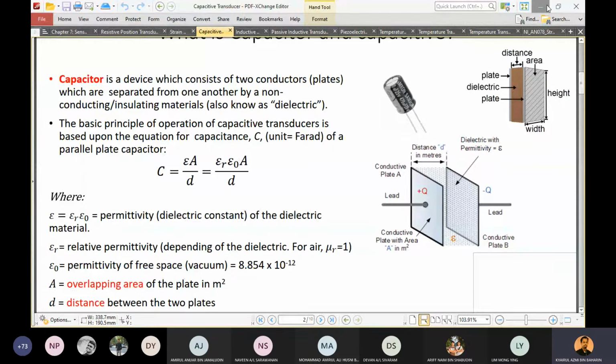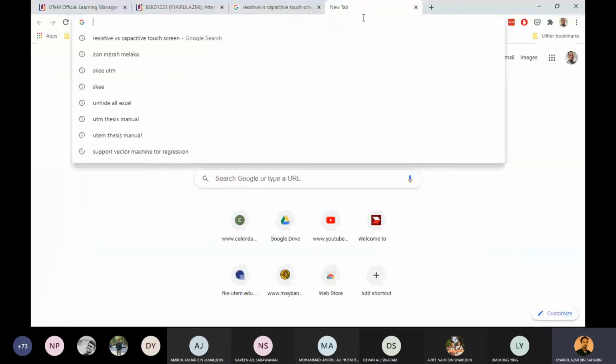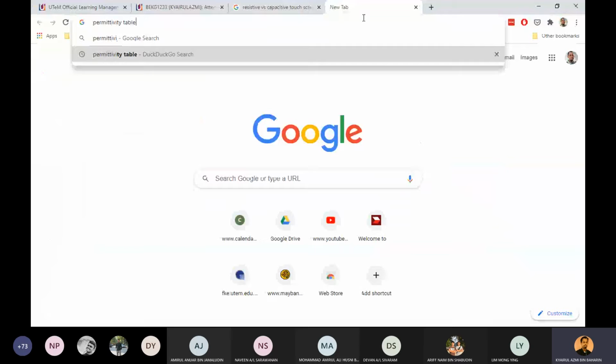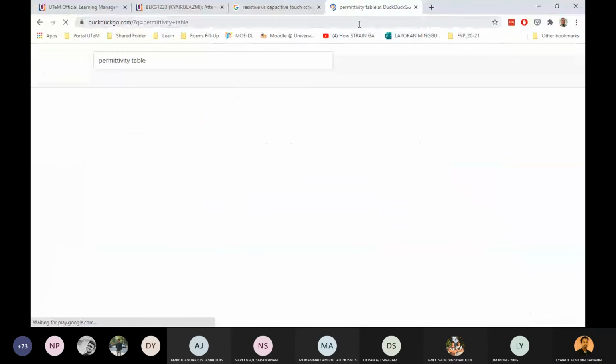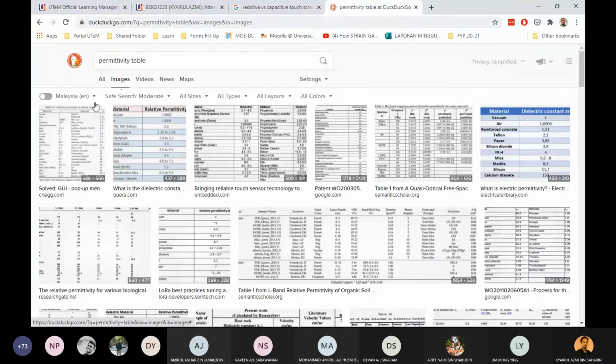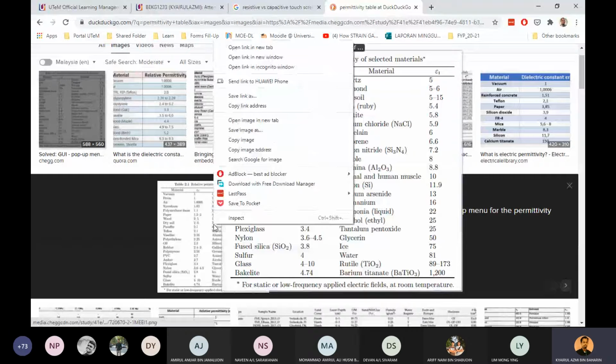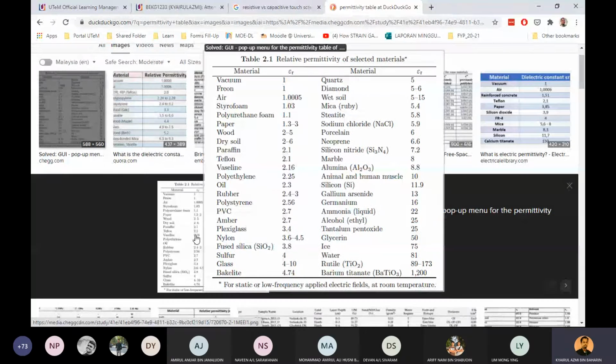Okay, just to show you an example, let me try to Google the permittivity table. Okay, let's see this table here. This is just an example table I got from the internet for different types of material.